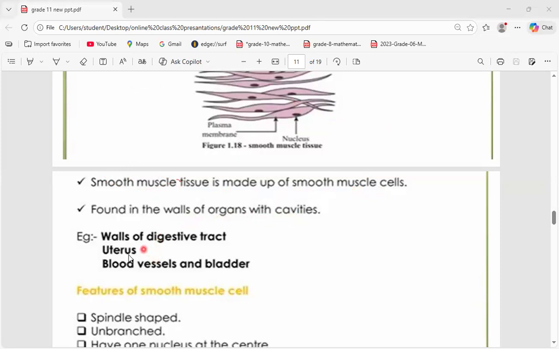So these are the places the muscle tissue is placed: walls of digestive tract, uterus, blood vessels and bladder. That means the smooth muscle is present in soft places of the digestive system, and uterus, blood vessels and bladder, right?